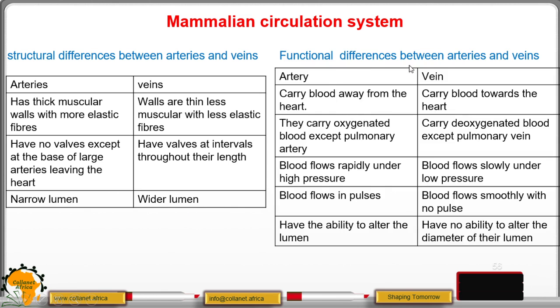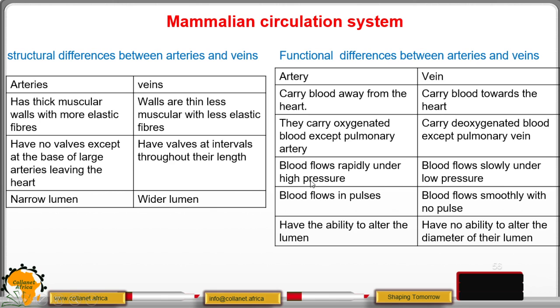Then, functional differences between arteries and veins. Arteries carry blood away from the heart. Veins carry blood towards the heart. Arteries carry oxygenated blood, except the pulmonary artery that carries blood to the lungs. Veins normally carry deoxygenated blood, except the pulmonary vein that carries blood from the lungs to the heart.